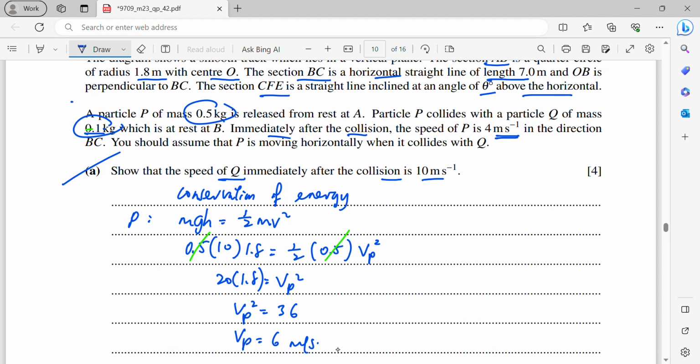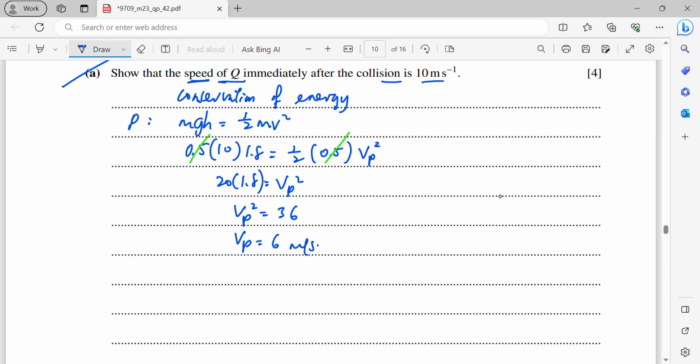Now the question is to show that the speed of Q is 10 meter per second immediately after the collision. For this I need to use conservation of linear momentum.